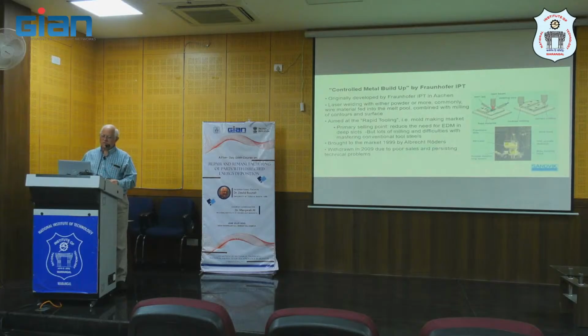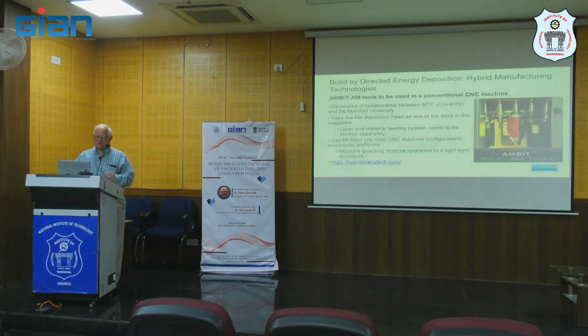The selling point was to reduce the need for EDM for deep slots, but they had a lot of milling difficulties and with mastering conventional tool skills. It was on the market for about 10 years, but had problems. But the concept was very consistently hybrid manufacturing.